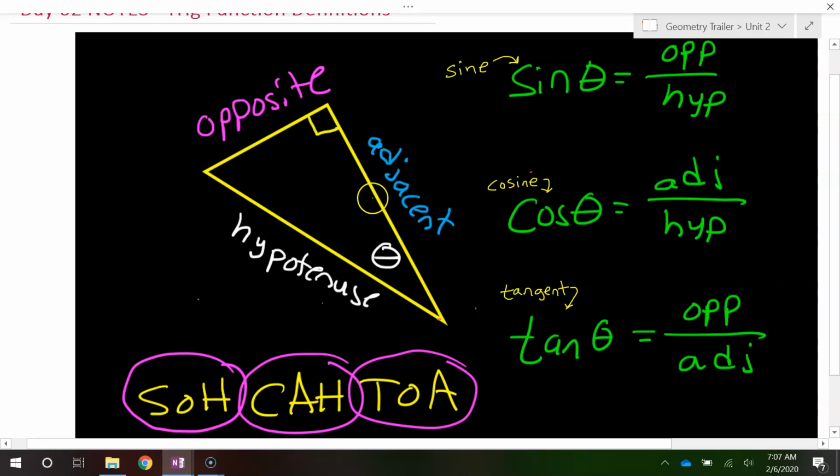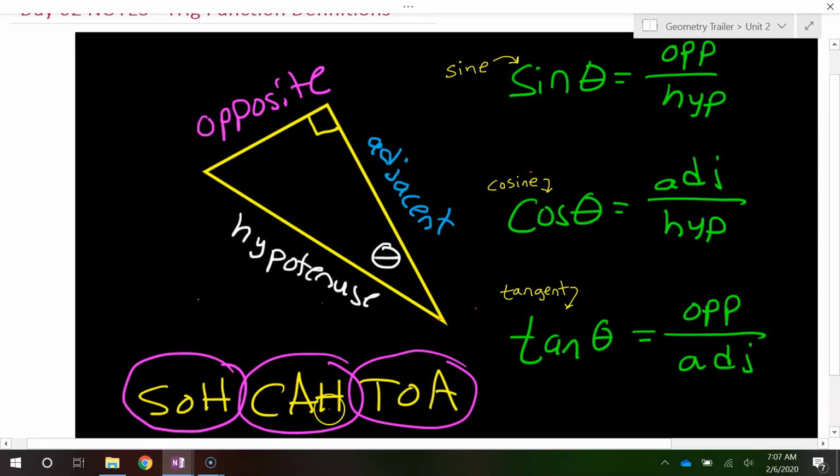All right, now with that in mind, the sine of the angle will be the opposite side divided by the hypotenuse. The cosine is adjacent side divided by the hypotenuse, and the tangent of the angle is the opposite divided by the adjacent.